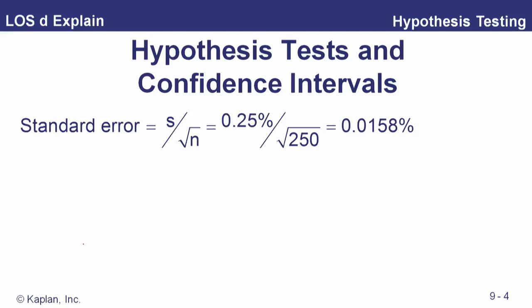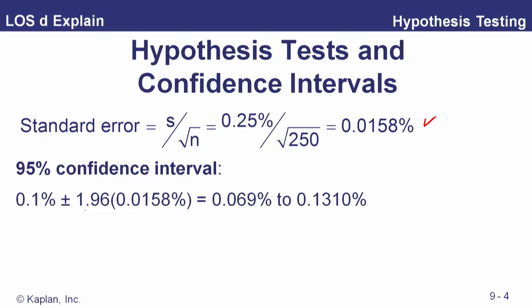So our standard error for our sample size is the standard deviation of 0.25% divided by the square root of 250. So our standard error is 0.0158%. Our 95% confidence interval is 1.96 standard errors either side of the mean.